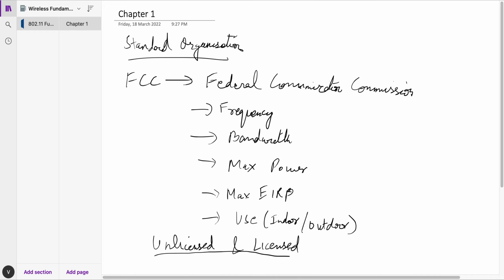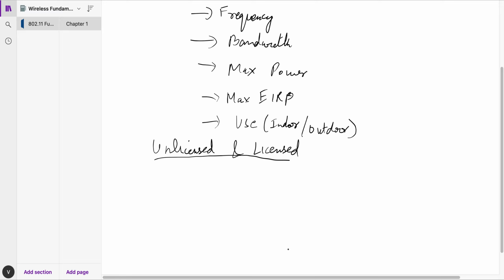Licensed band is nothing but where you have to pay some extra money to the government and get a specific spectrum for yourself to send traffic. Of course, it is costly. You have to pay a lot of money to use that special licensed band for your organization. That is the tough part because it's not free of cost.